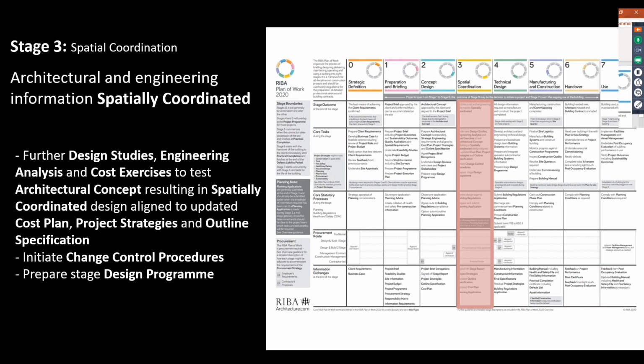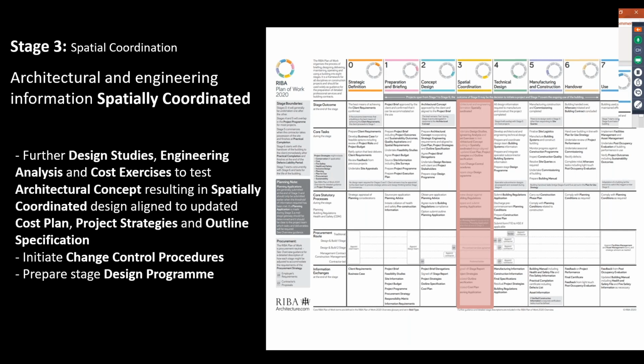So the whole idea is to have a robust model by the end of stage 3 that allows each design team member or specialist subcontractor to really develop their content for the technical design at stage 4, safe that the building itself is not going to be changed as they go along.